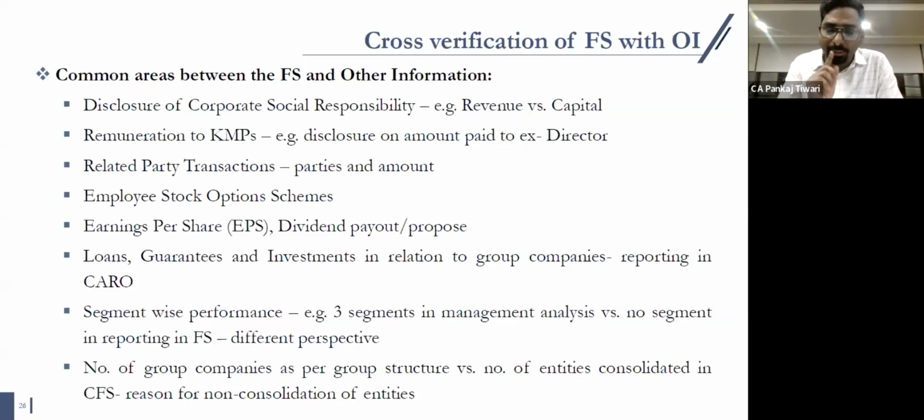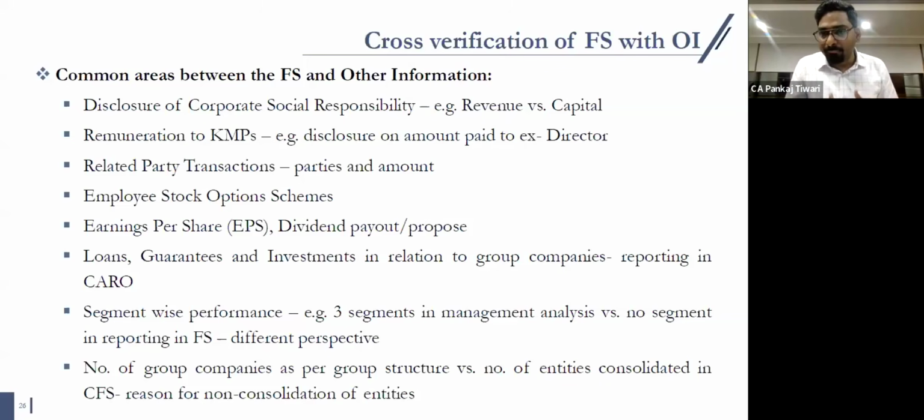One important and the last bullet on the presentation I want to specifically highlight is the number of group companies as per the group structure and the number of entities which are consolidated in the CFS. So let's suppose you have 20 subsidiaries, and out of 20, there are 15 subsidiaries which are getting consolidated in my consolidated financial statement. What is the reason for the other five entities not getting consolidated?